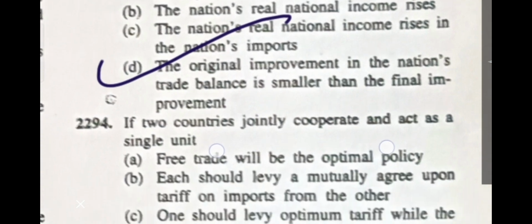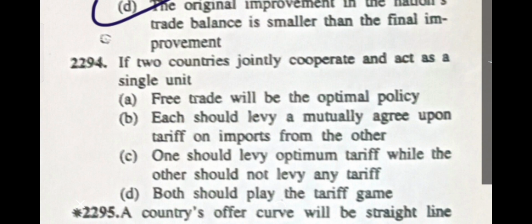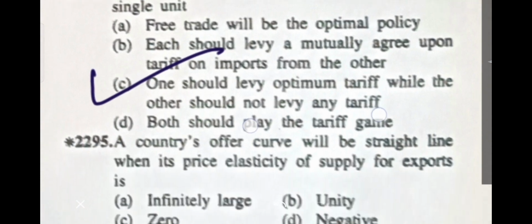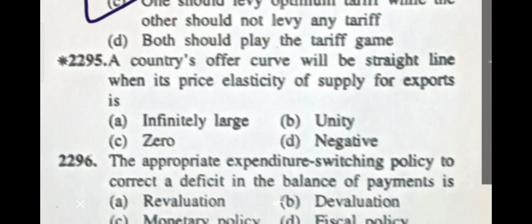If two countries jointly cooperate and act as a single unit, one should levy optimum tariff while the other should not levy any tariff. A country's offer curve will be straight line when its price elasticity of supply for export is infinitely large.